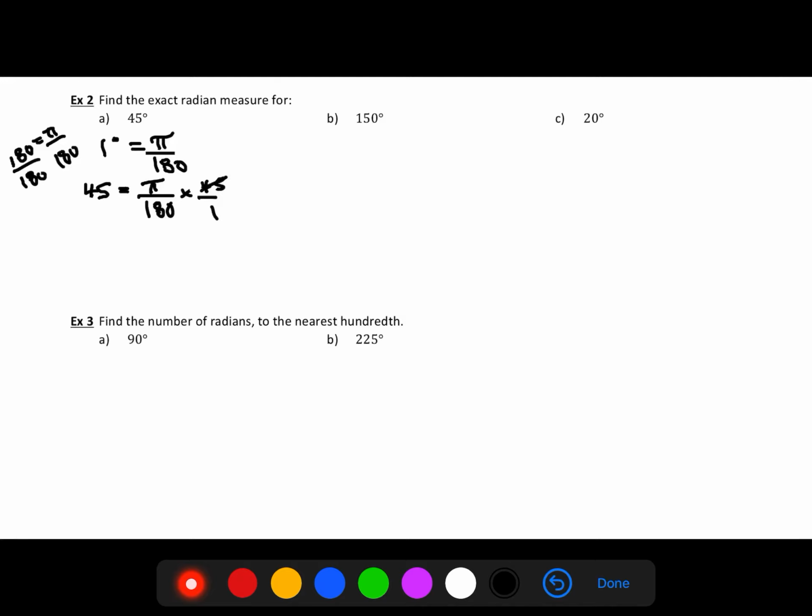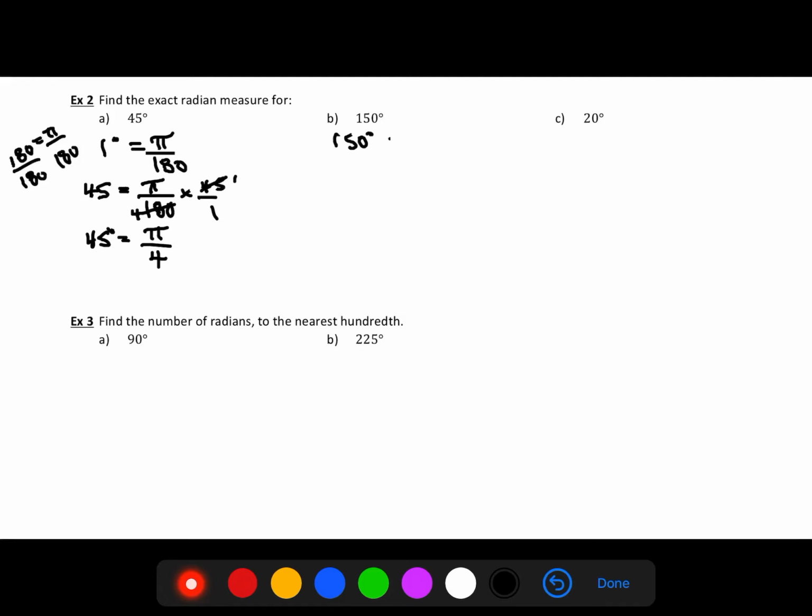We can simplify our diagonals. 45 divided by 45 is 1. 180 divided by 45 is 4. So 45 degrees is equal to pi times 1, which is just pi, and 4 times 1 on the bottom. So a 45 degree angle is a pi over 4 radian angle.